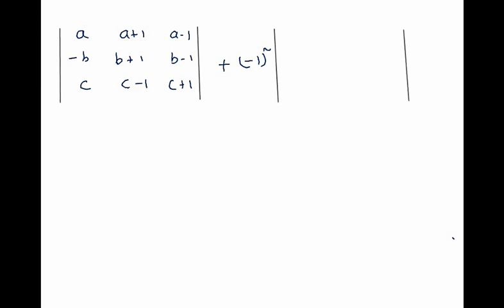D1 is A plus 1, A minus 1, minus B plus 1, B minus 1, C minus 1, C plus 1, plus minus 1 to the power n, and the determinant is, or rather we can say the same, A minus B C, A plus 1, B plus 1, C minus 1, A minus 1, B minus 1 and C plus 1.